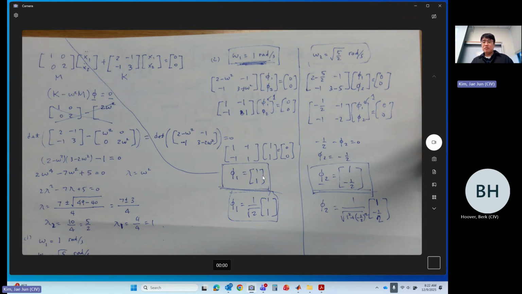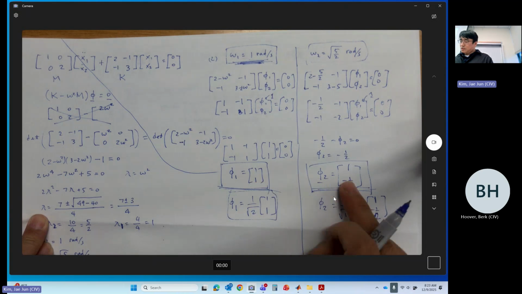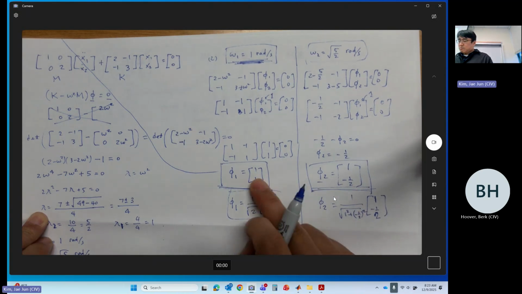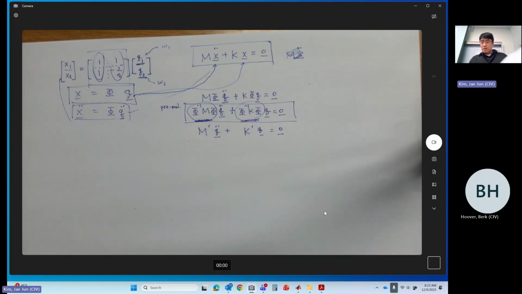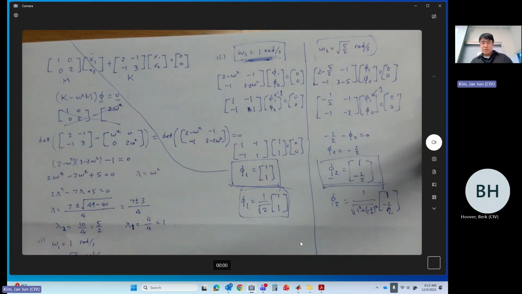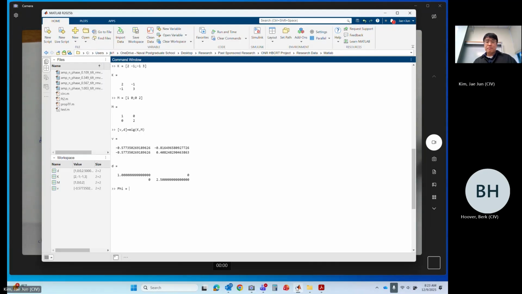So let's use the ones that we came up with to construct the modal matrix. So our modal matrix is 1, 1, 1, minus half.